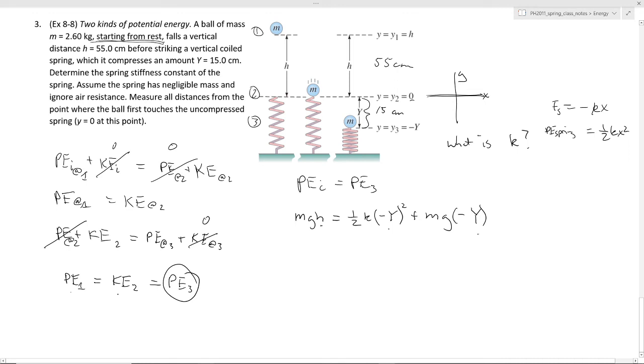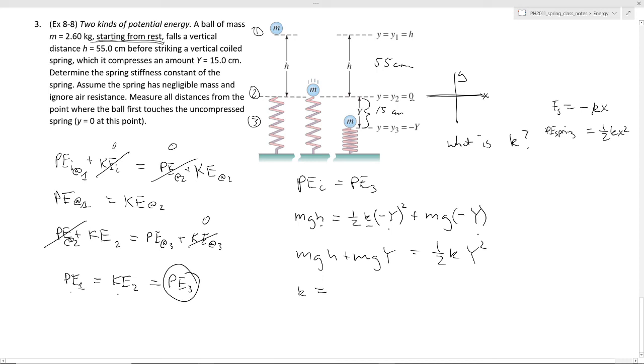Notice the potential energy stored in the spring doesn't care about the sign of y, but the gravitational potential energy does. And so we can then solve this situation for k. So we would have mgh plus mgy is going to equal 1/2 k y squared. And then we could solve for k.